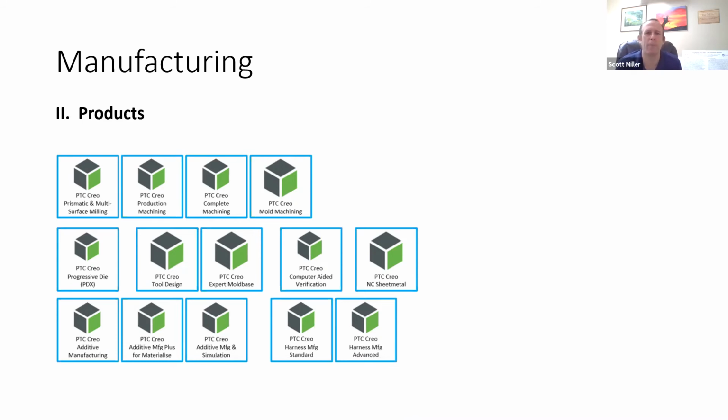You want to create a library, or you want some other software functionality that is not currently in a product. We could have that conversation as well. And whether PTC comes out with that product or a third party comes out with that product, it really doesn't matter. The main thing is we want to get new functionality to the users that's going to make them more productive. Okay, so next slide.